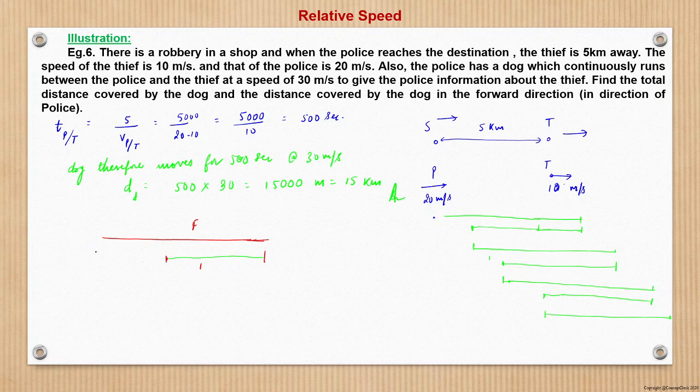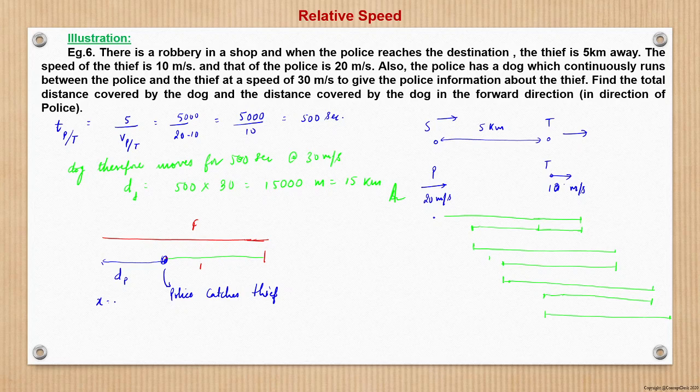And now this is the distance covered by the police to catch the thief, right? Distance covered by police. And this point is the point where police catches the thief, right?